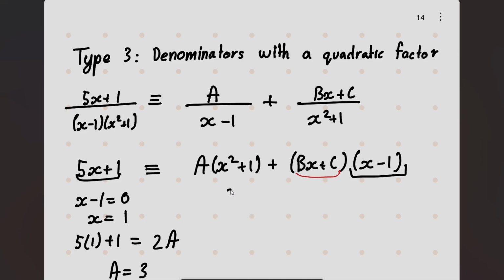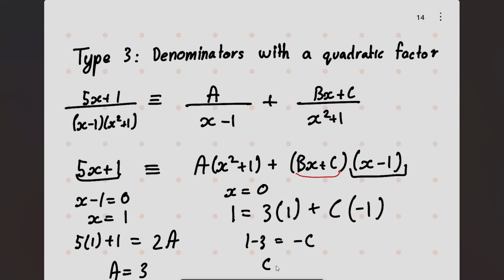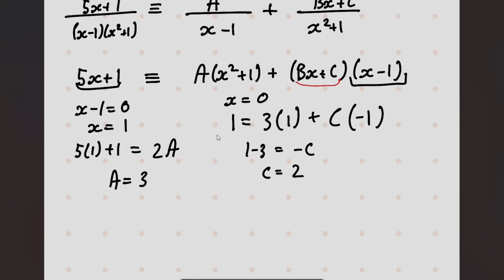So we'll take x is equal to 0, and now we have 5 times 0 is 0 plus 1 is equal to, since a is 3 times 0 plus 1 is just 1, and since b times 0 is also going to be 0, you're just going to have c times 0 minus 1, which is just negative 1. So now you're going to get c is equal to 2.